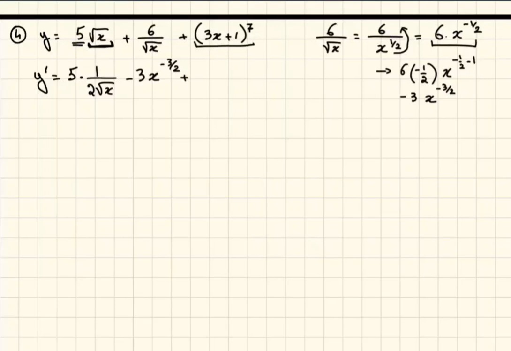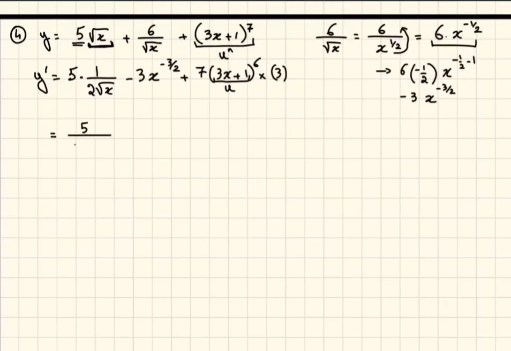Now for this one, it looks like u exponent n. To derive it, I need to bring the n down. So 7 down. After that, we write (3x plus 1) exponent 6. But I should not forget that I should multiply by the derivative of the u, which is 3 in this case. Let's try to finalize our answer.